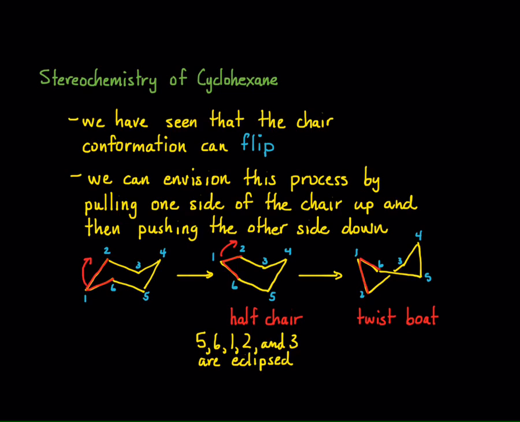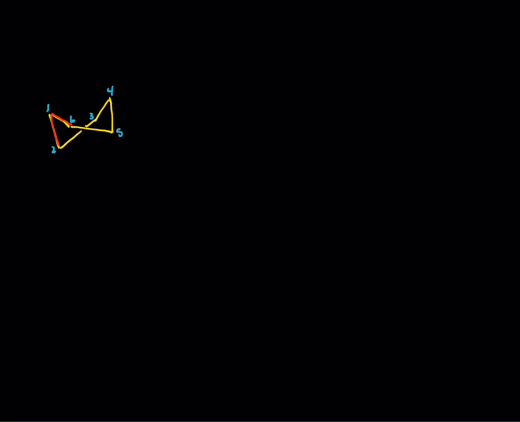All right, so now what am I going to do? Well, I'm going to take that twist boat, I'm just redrawing the whole thing. I'm actually going to force that C2-C3 bond and the C5-C6 bond to be parallel to one another. And when I do that, what happens is carbon number 1 and carbon number 4 actually get pushed closer together.